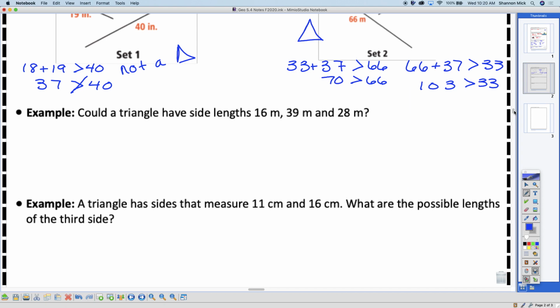Yes, you can make a triangle. So do the work and show me. Prove it to me, Kyson. Do the problem.